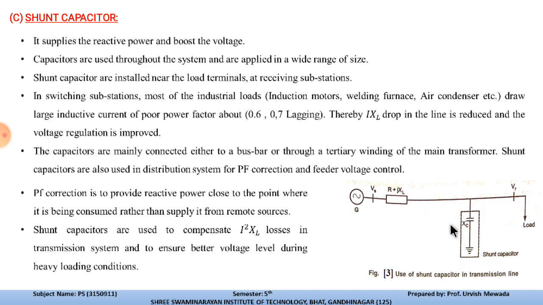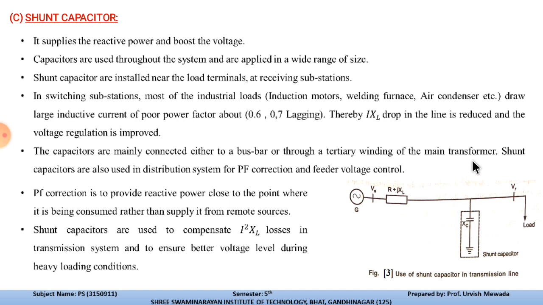And as the power factor of the transmission line is maintained, then automatically we can reduce the drops or losses inside the transmission line due to the inductive reactance. The capacitors are mainly connected either to a bus bar or through a tertiary winding of the main transformer.